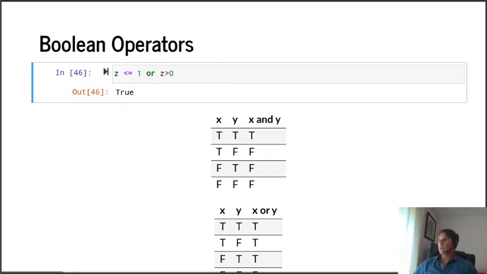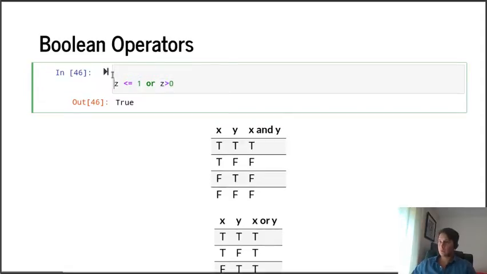Okay, so you can also do more logical operations with these Boolean variables. For example, this thing here, x less or equal to 1, will give a Boolean variable. And this x greater than 0 will also give a Boolean, true or false. And we want to see if this or this is true.